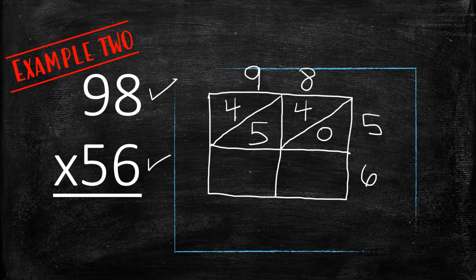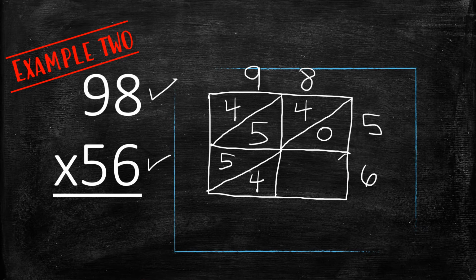Now I'm going to look at my bottom row, and I'll see that we have the numbers 9 and 6 that meet up. 9 times 6 is 54. I'm going to continue that diagonal line, and I'm going to write 5, 4 for 54. My last box is 8 and 6 that meets up. 8 times 6 is 48.